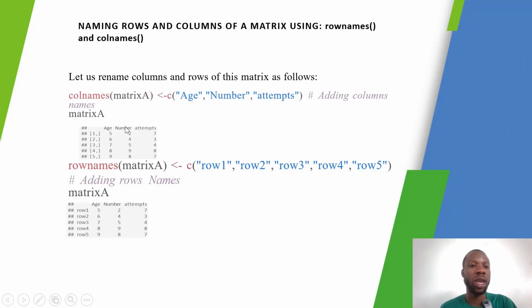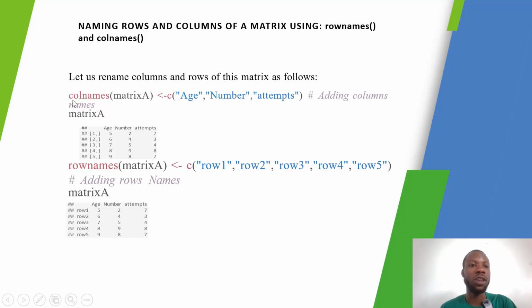Then I need to name it so that it is easier for me to work with. Those who know mathematics know that most of the time matrices are not labeled like this. So we will use functions like colnames to put the names, to label the matrix, or rownames.